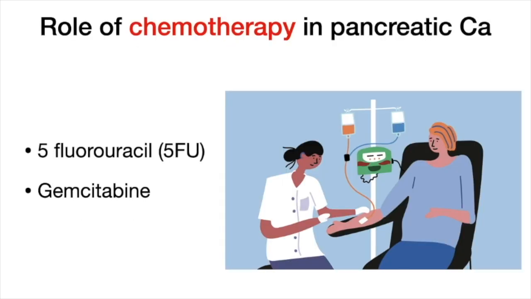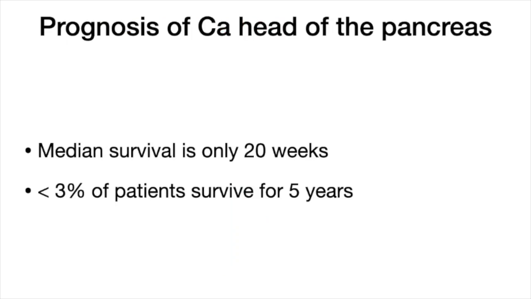Chemotherapy is also helpful in carcinoma of the pancreas. The two agents usually used are 5-fluorouracil and gemcitabine. The prognosis is that the median survival is only 20 weeks, and less than 3% of patients survive 5 years in a case of carcinoma of the head of the pancreas.